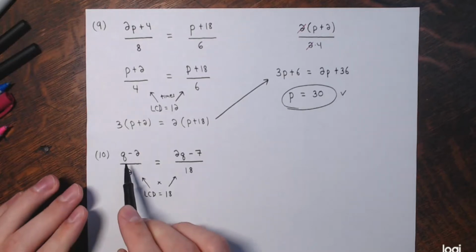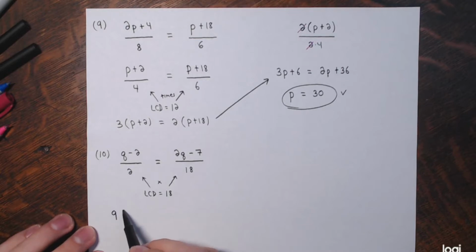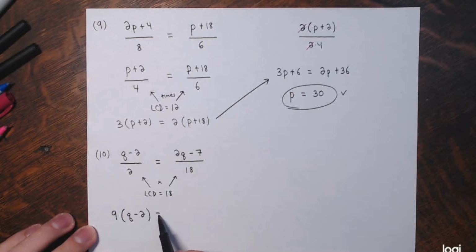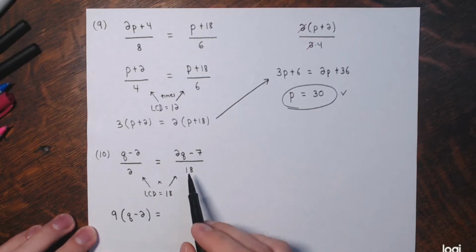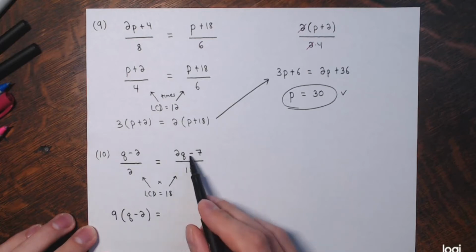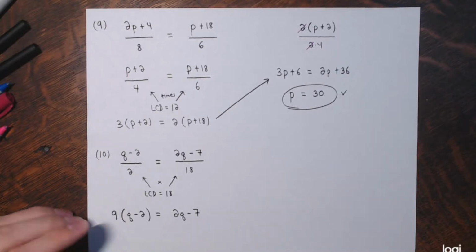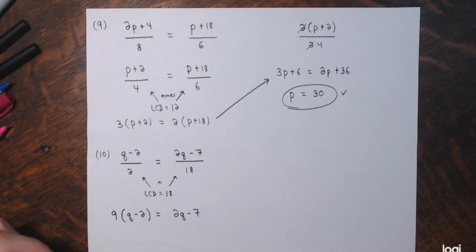Now on the left side, 2 goes into 18 9 times. So I'd have a factor of 9 times that numerator, the quantity q minus 2. On the right side, the 18s just cancel, and you just have the numerator 2q minus 7. So no need for parentheses around that, right? You just have 2q minus 7, times 1. 18 goes into 18 once.